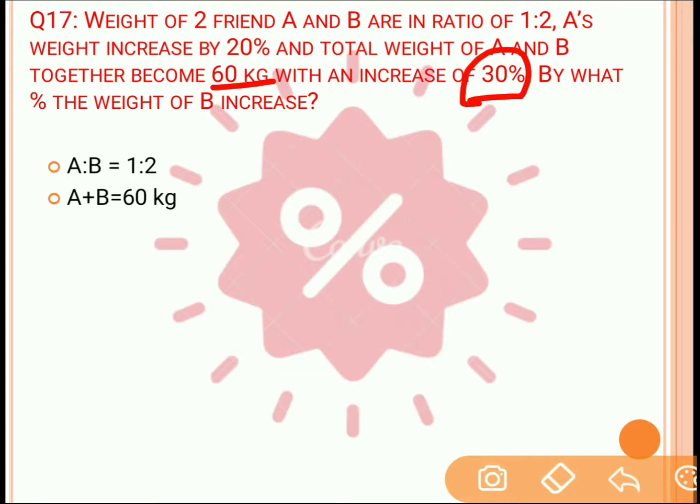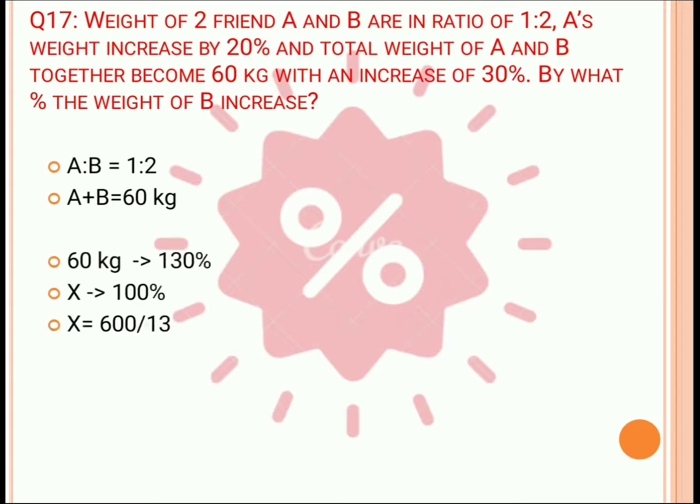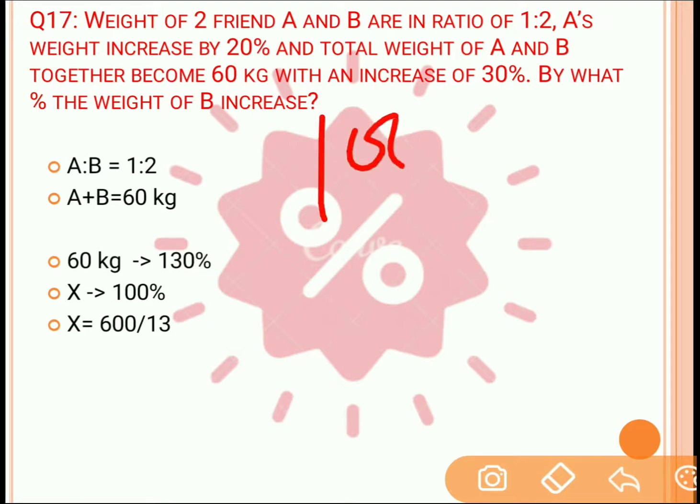It means originally the weight of A and B was something else, and 60 kg is the weight of A and B after 30% increment. Then if original weight of A and B together is 100%, then this 30% increment on it is nothing but 130%. So at 130%, that is the increased weight of A and B is equal to 60 kg.